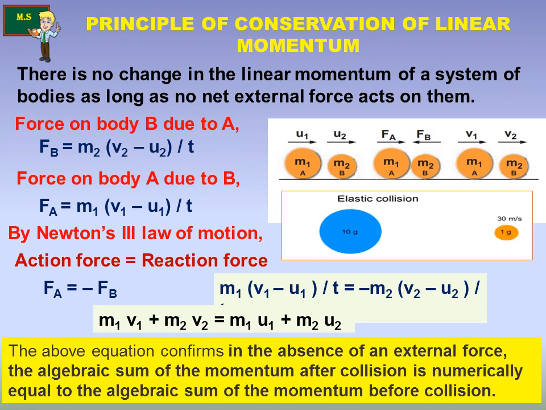The above equation confirms that in the absence of an external force, the algebraic sum of the momentum after collision is numerically equal to the algebraic sum of the momentum before collision. This M1 V1 plus M2 V2 is after collision, and M1 U1 plus M2 U2 is the algebraic sum of momentum before collision.